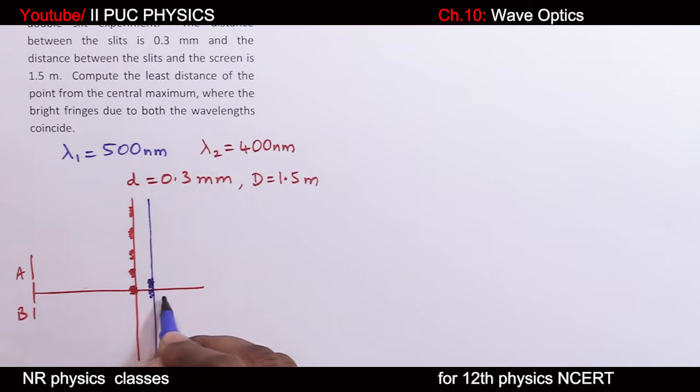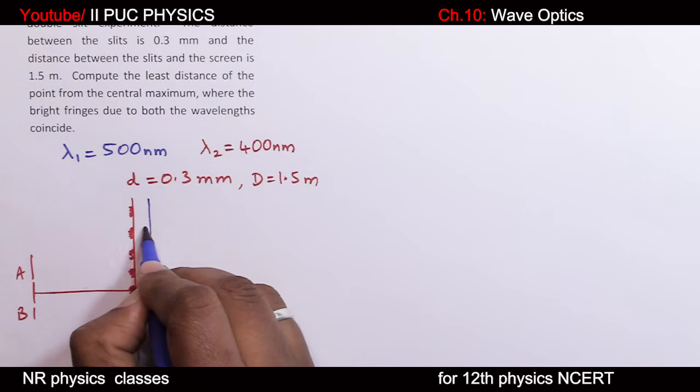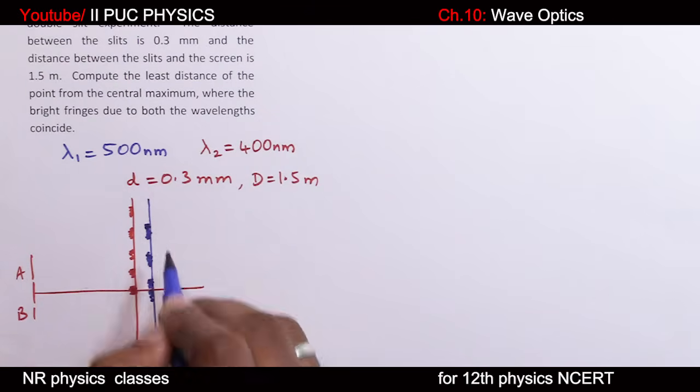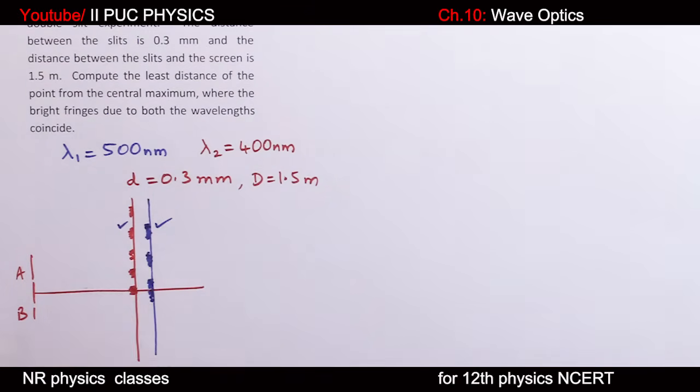This is central bright, first bright, second bright. Now observe, this is overlapping on this.